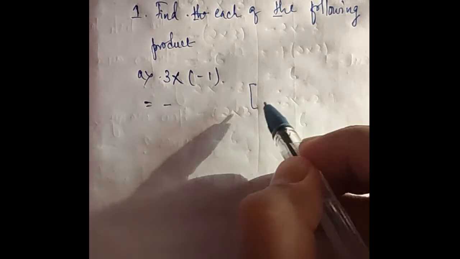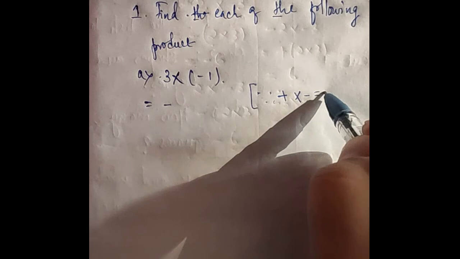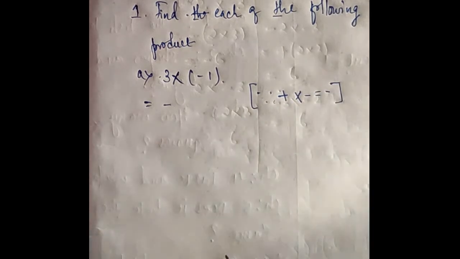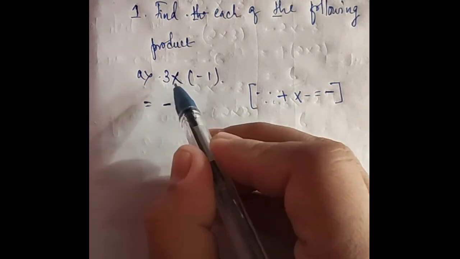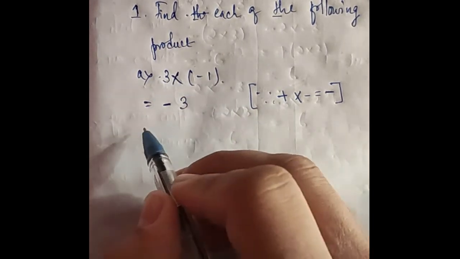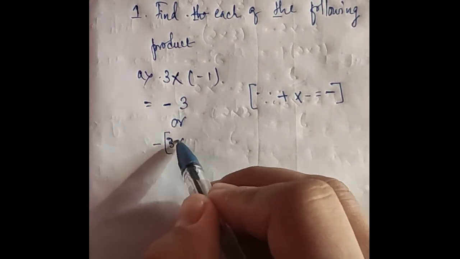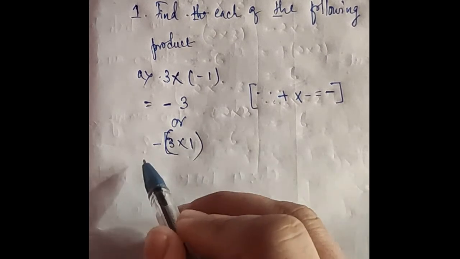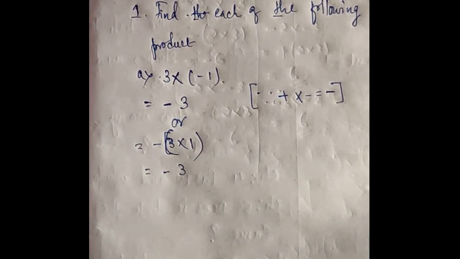Do not forget this rule. So first of all I'm writing minus here, and then we multiply the numbers. 3 into 1 is 3. Or you can do it like this: minus 3 into 1 is equal to minus 3. I hope you are clear.